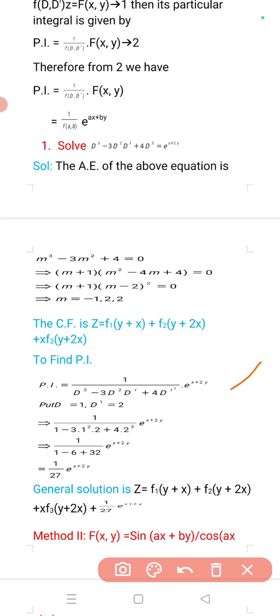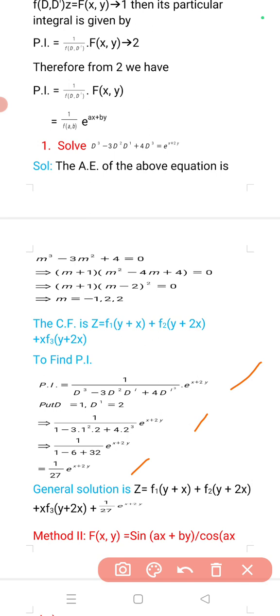What is the coefficient of x in e^(x+2y)? It is 1. What is the coefficient of y? It is 2. So substitute 1 wherever D appears and 2 wherever D' appears. After simplification, we obtain 1 by (1 minus 6 plus 32) into e^(x+2y). Adding and subtracting the terms in the denominator, we are left with 1 by 27 e^(x+2y).